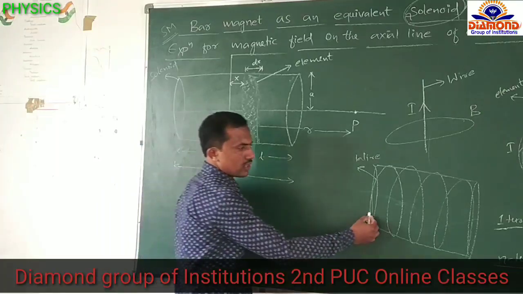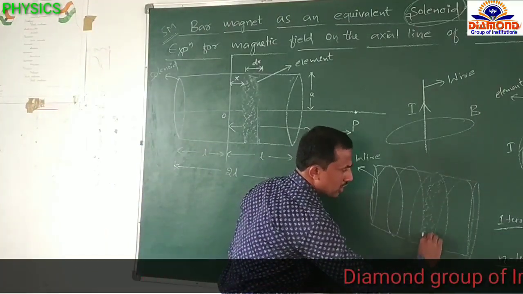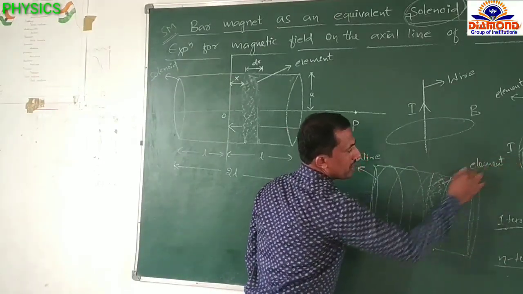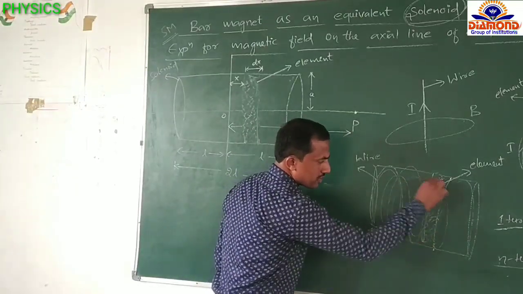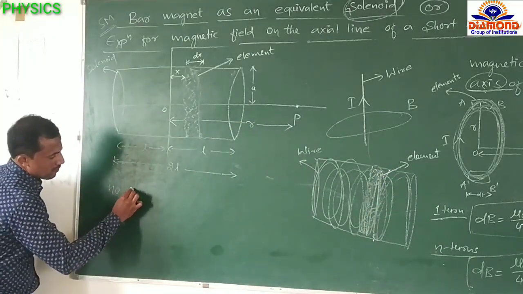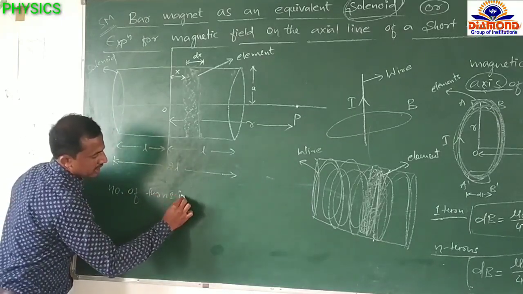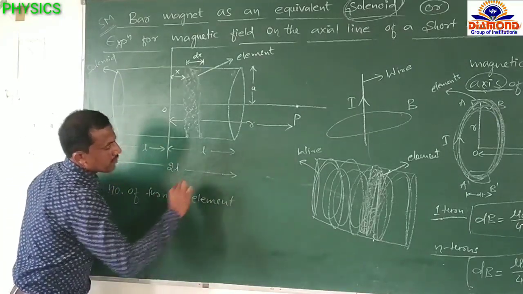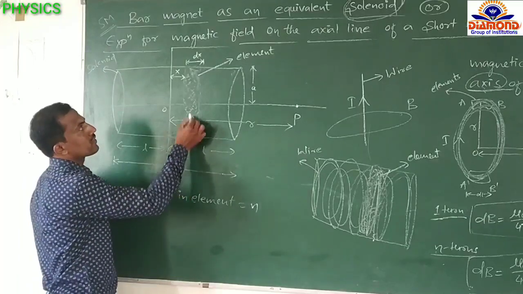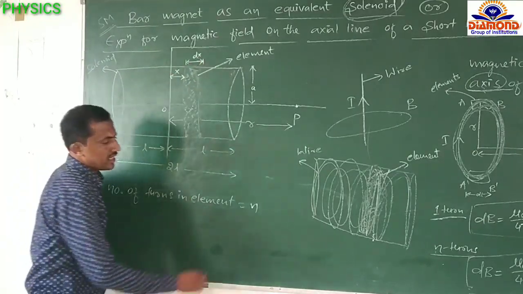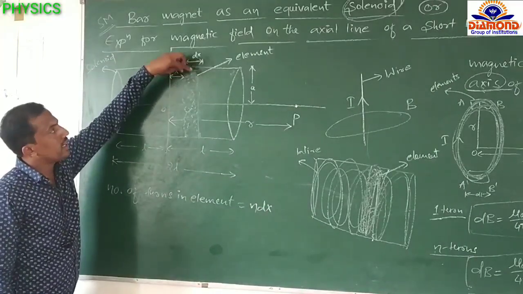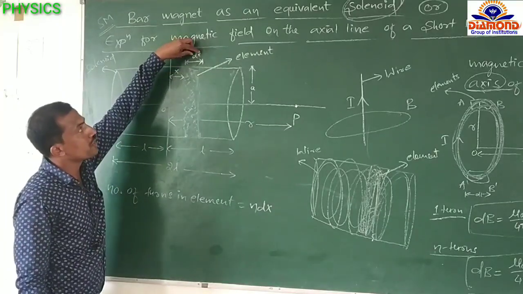In this solenoid, we are taking one small piece, imagine this piece, which we call the element. There is a large number of turns, but we don't know how many, so we write n. These n turns are in a distance dx.